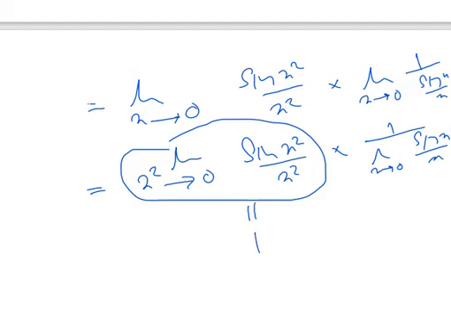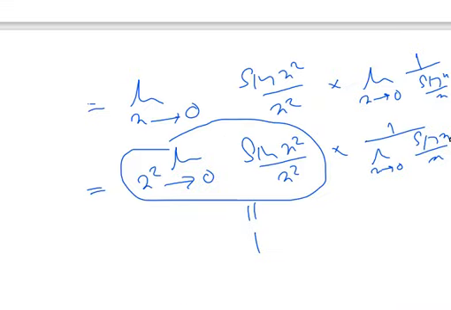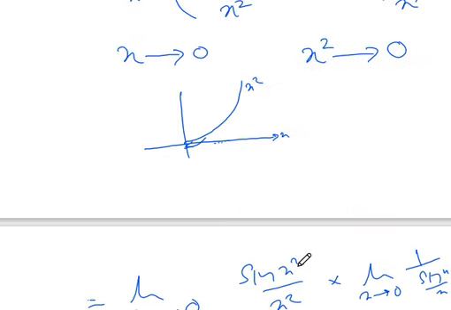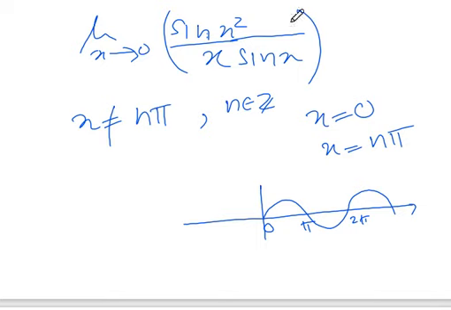Which is this result, same thing here, sine x over x. So the limit of this function as x tends to 0 is equal to 1. Therefore the limit of this function as x tends to 0 is equal to 1.